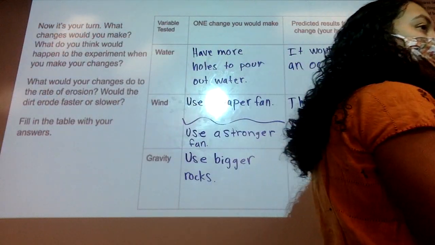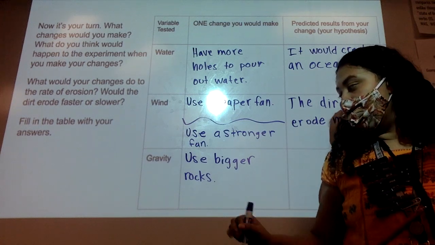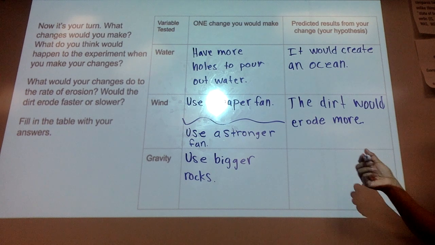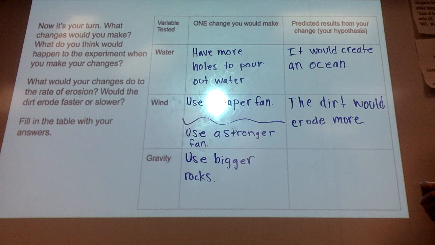Okay, so what is a hypothesis? What do you think would happen if we were to use bigger rocks? What do you think would happen to the dirt? Sophie. It would roll down and make more rocks. Then, so like at the bottom there would be more rocks? Like if every time they roll down, it would create more rocks. Okay. I'm trying to think of how to write that.